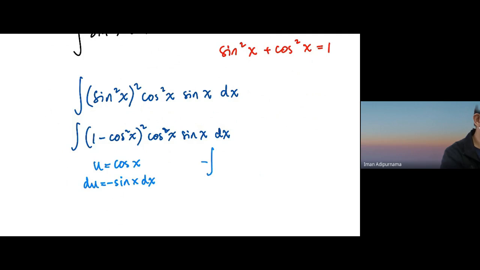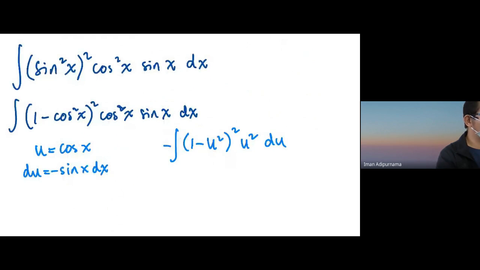Because it has a minus sine x. This will be 1 minus u squared, squared, and then this will be multiplied with u squared and then du. And I think you can solve this yourself. Maybe we can expand this first.